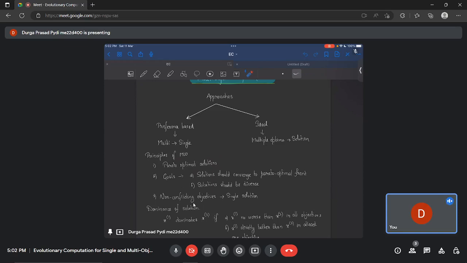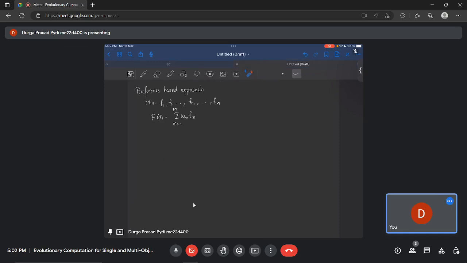The example which we considered previously includes, say, you have the objective function values f1 and f2 as 0.1, 0.3. This is for one individual. And for the second individual, say you have other values of 0.2 and 0.4. When you want to compare these two solutions, solution 1 and solution 2, you want to compare the value of f1 for solution 1 with the value of f1 for solution 2.